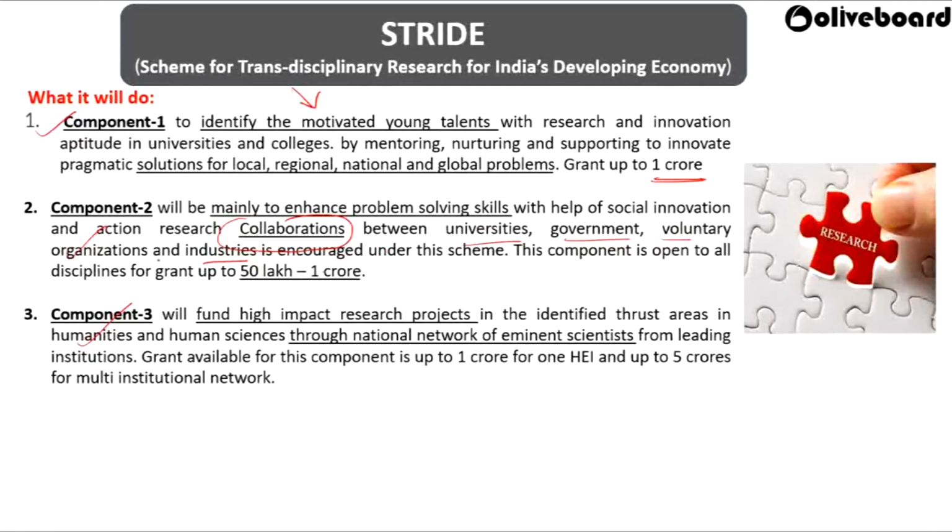The component is open to all disciplines with a grant of about 50 lakh to 1 crore rupees. That will depend on how much the government is going to give under this.